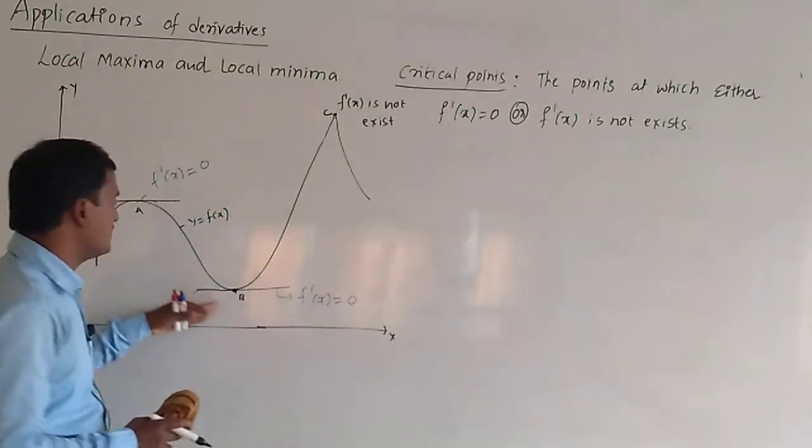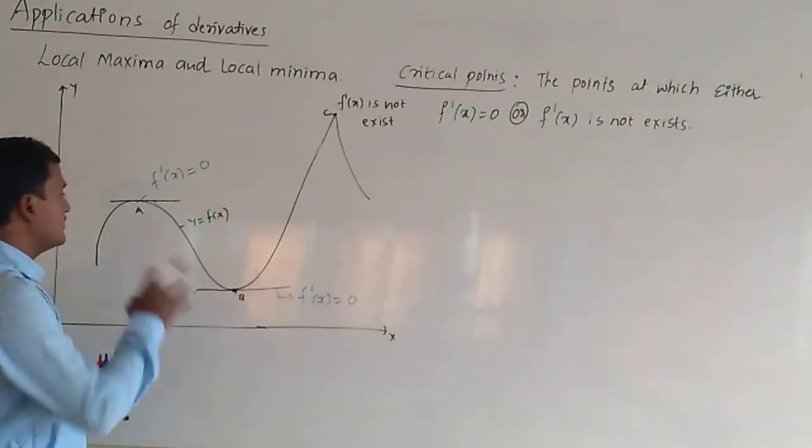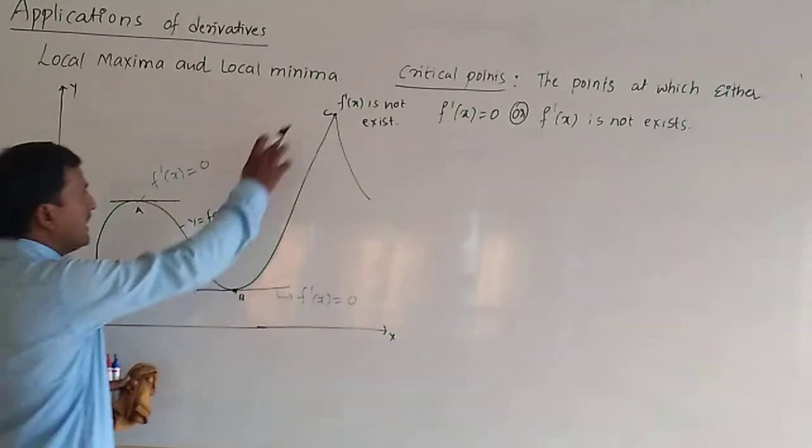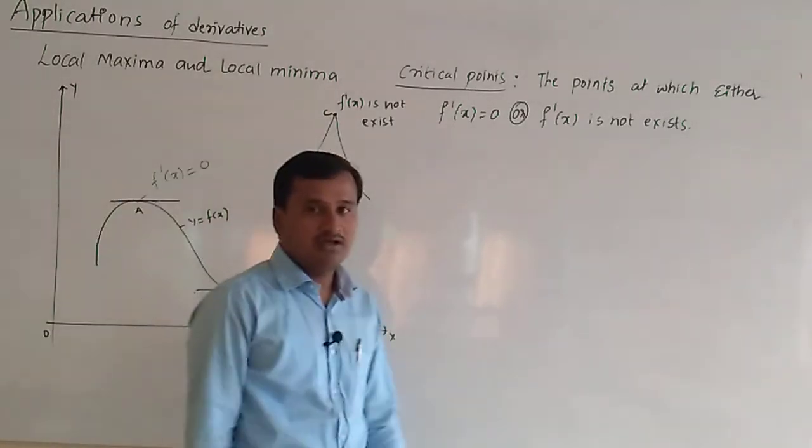Such points are called critical points of the graph. So in this graph, the points A, B and C are called critical points.